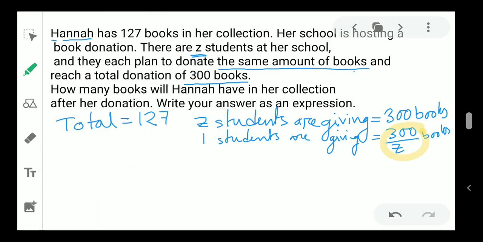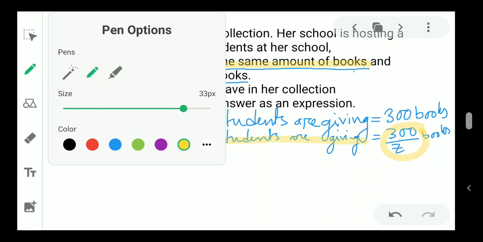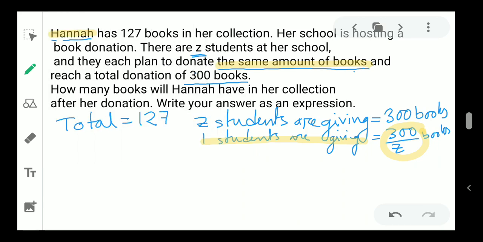Why? Now this phrase is coming: the same amount of books everyone is giving. That's why I could do this. Because everybody is giving the same, one student is giving this much, which means Hannah is also giving that much. So Hannah has given 300 by Z books, right?